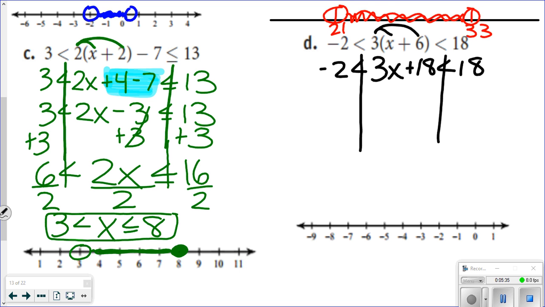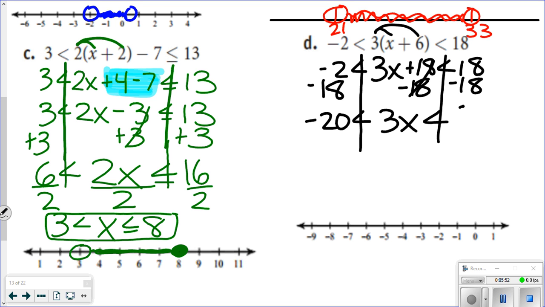Then we're going to work from the center, the middle, to the outside because there's 3x there and it says plus 18. So I want to cancel out or get rid of that. So we're going to subtract 18, subtract 18, subtract 18. We get negative 20, less than 3x, less than 0.